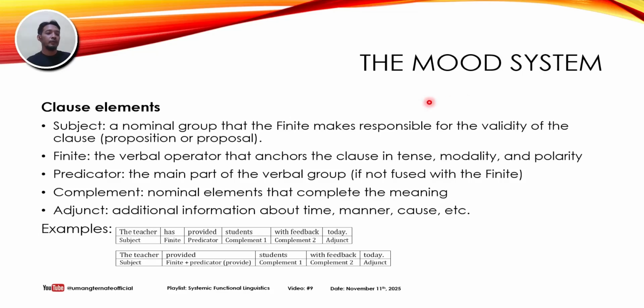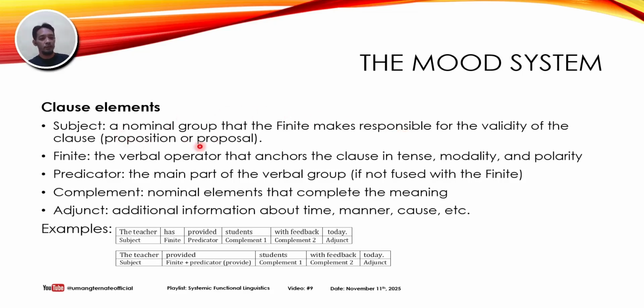Okay, the first one is the subject. Subject is typically a nominal group in the clause that the finite makes responsible for the validity of the clause. Okay, so the meaning of responsible here is not moral responsibility, but the entity in the clause that holds the validity of the clause, the proposition or the proposal.